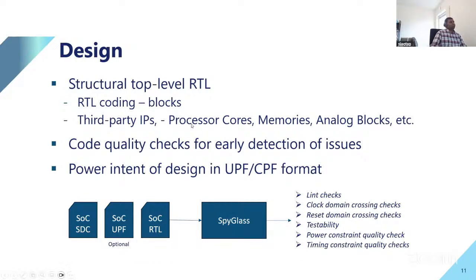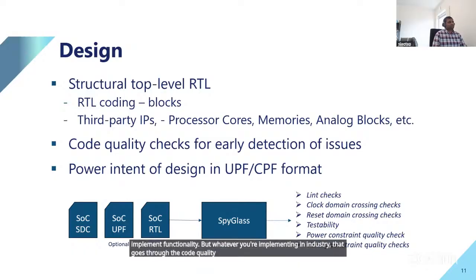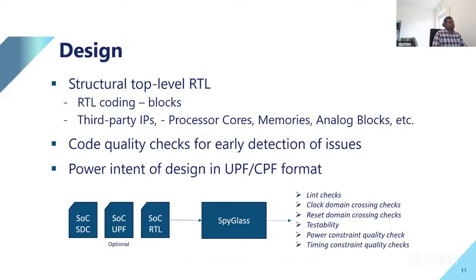But whatever you're implementing in industry goes through a code quality check. You have the freedom to write your code like a software engineer. Some things EDA tools can handle, but it's still not recommended. You should still follow the electronics motivation behind that.